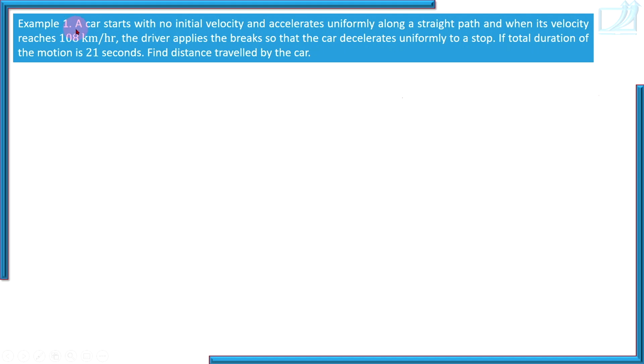Read the problem very carefully. A car starts with no initial velocity and accelerates uniformly along a straight path. And when its velocity reaches 108 kilometers per hour, the driver applies the brakes so that the car decelerates uniformly to a stop. So it is only one particle, the car, but its acceleration is different in different time intervals.